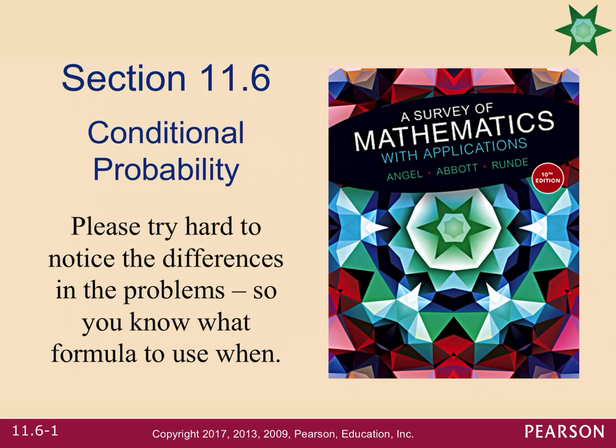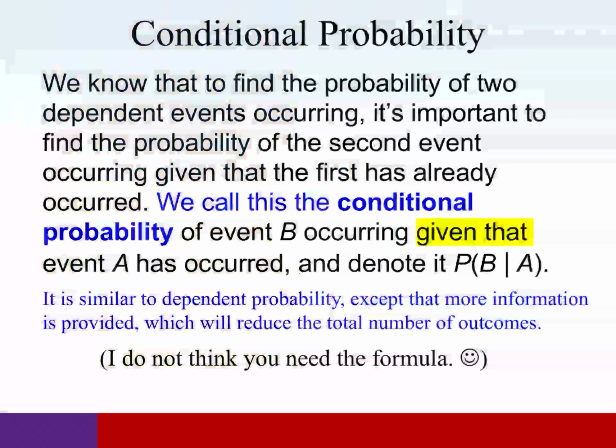And tonight, 11.6 is conditional, and there's still a couple more. So please start to look for distinguishing features in the problems as you're doing the homework. Notice how the problems are similar and how they're different from last week's. That'll be very, very helpful. You might even want to take some notes on the distinguishing characteristics. Conditional is actually one of the easiest of the ones that we'll cover.